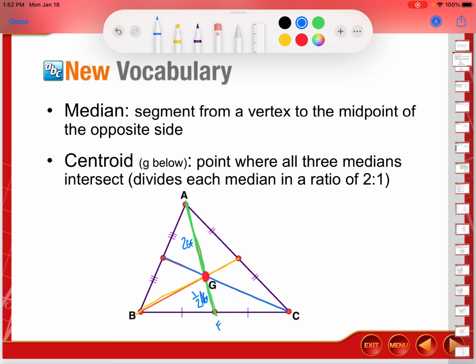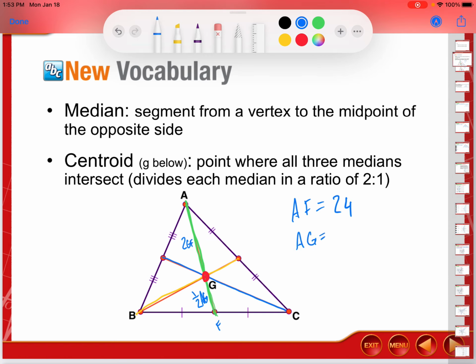This is really cool because it gives us a way to find a whole bunch of different measurements in a triangle with only knowing the length of one of these medians. The other way that we can figure this out is if they gave us the length of AF. Let's just say AF equals, I don't know, 24.